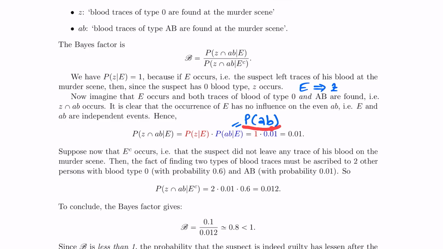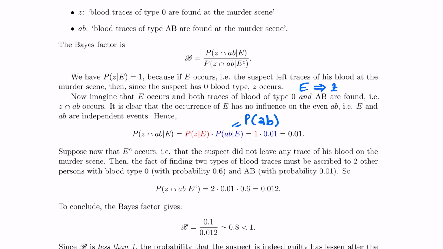But what's the probability of AB? Well, as we have said at the beginning, the probability of having blood type AB is 1%, that is 0.01. To conclude, this probability, which is the numerator of the Bayes factor, is 0.01.